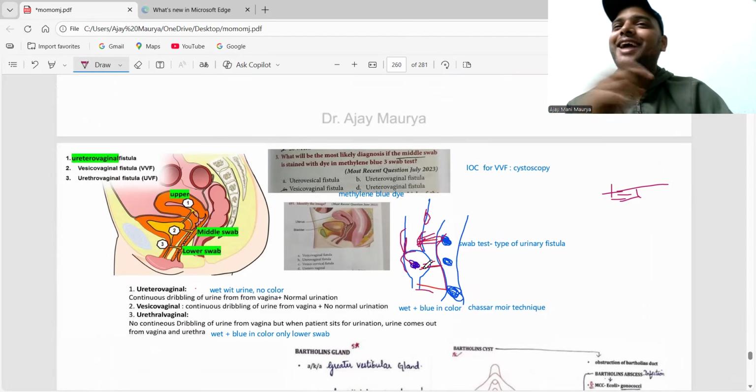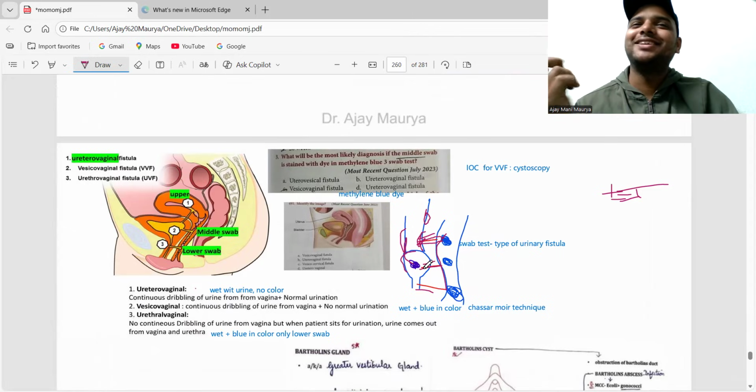But there is no normal urination, because the bladder is empty. Then how will the urine come out, except from the vagina?